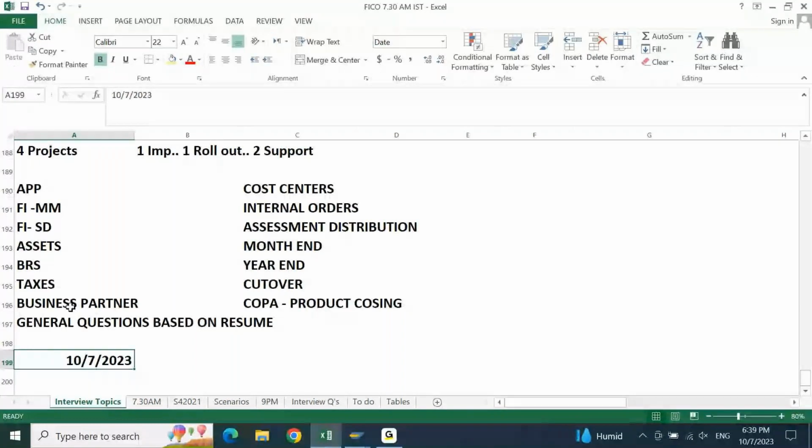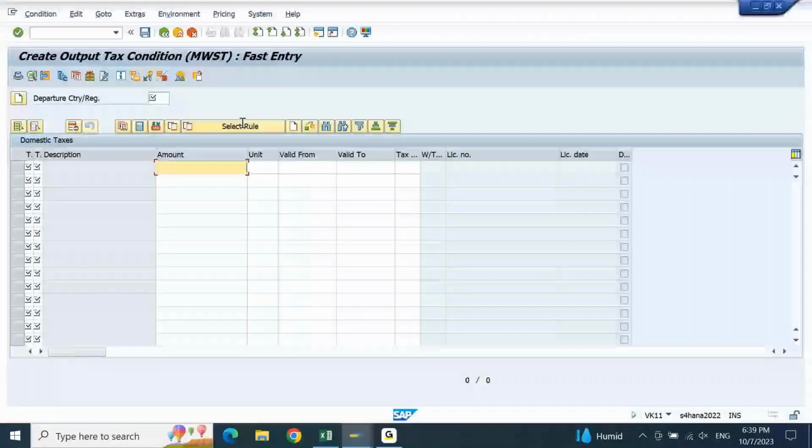Here, if you go to VK11, I am using MWST. Like this, I may have different conditions. For different key combinations, I'll be using the same tax code. Otherwise, for every combination, I will end up creating multiple tax codes.